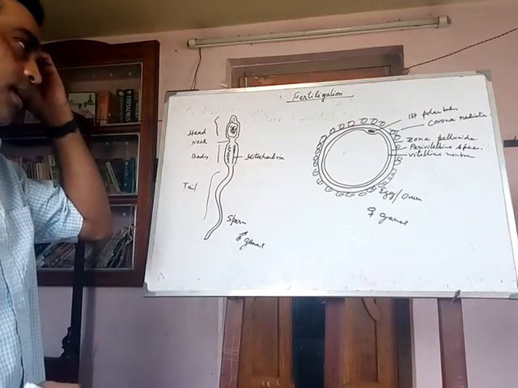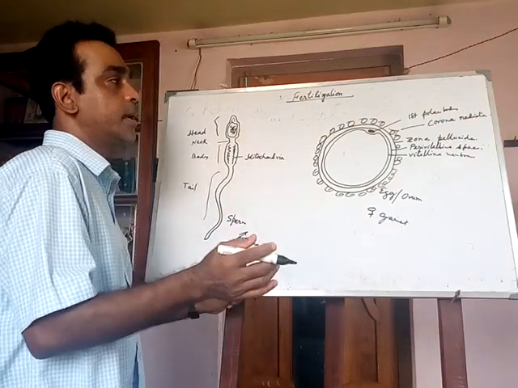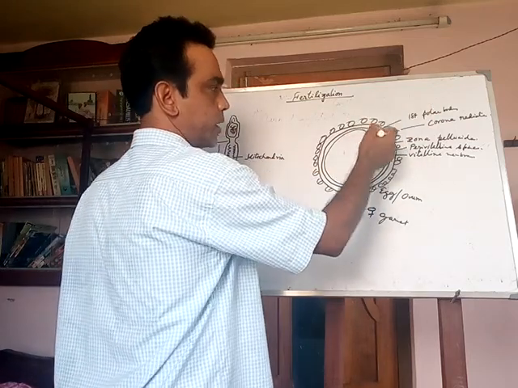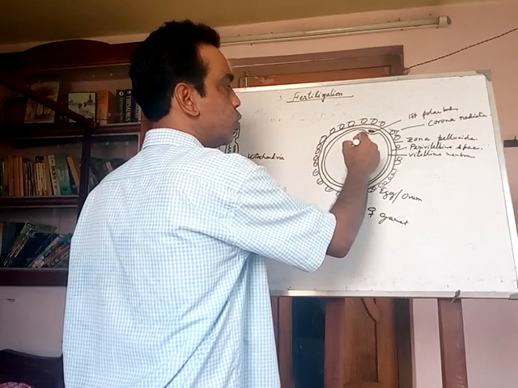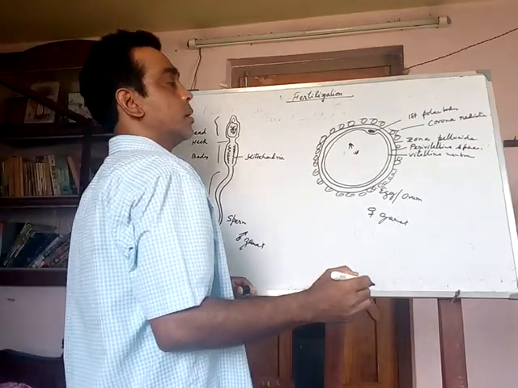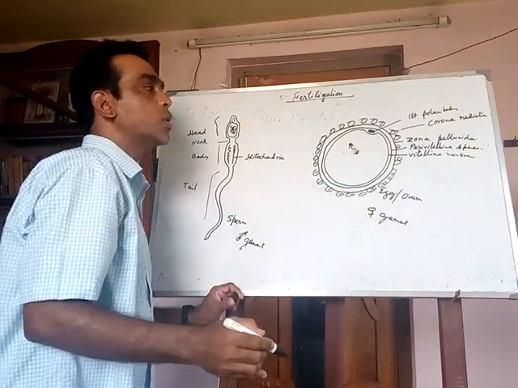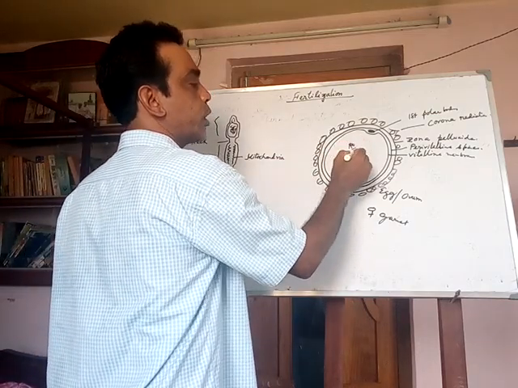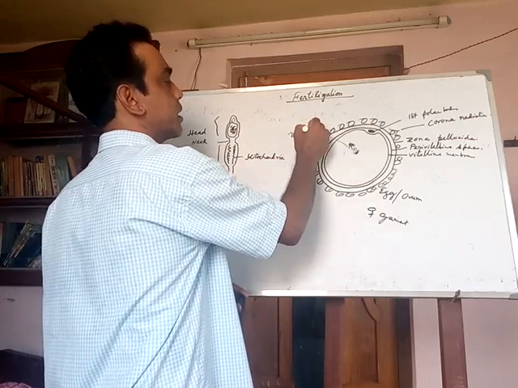Hence, I represent the two types of gamete, male gamete and female gamete. After the production of the first polar body, the nucleus is divided in the second meiotic cell division, and it is divided into two haploid sets.